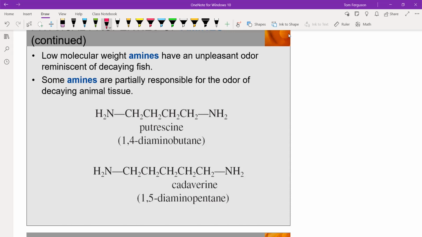In fact, they even named them. The common names are putrescine and cadaverine. Both of these come off of decaying animals, so they can be really stinky.